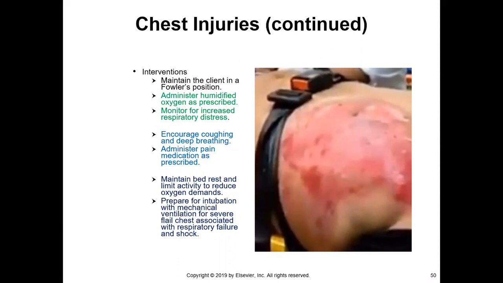Maintain bed rest and limited activity to reduce oxygen demand, because the lungs are not getting enough oxygen, so it is good to reduce activity so the demand will be less. Or prepare for intubation with mechanical ventilation for severe flail chest associated with respiratory failure and shock.